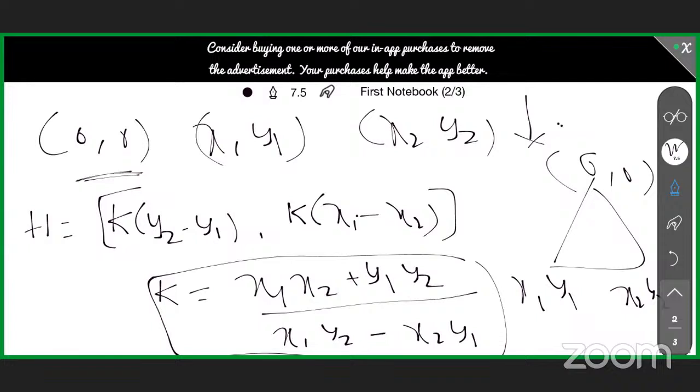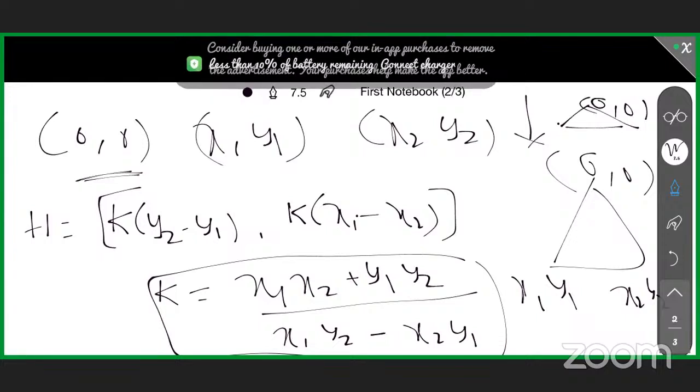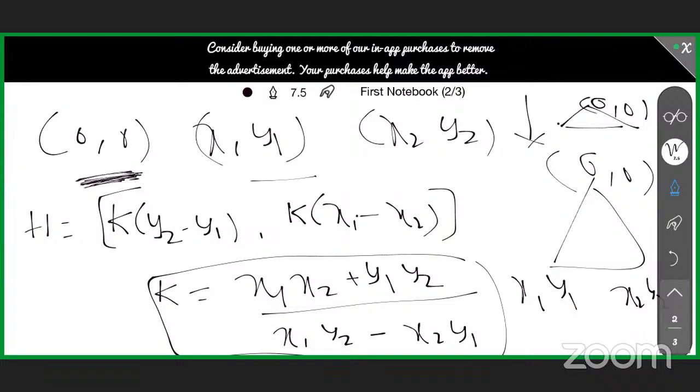All these things we have discussed. Basing on those properties, we are doing it here. Because one of the vertices is 0, 0, there is no x3, y3. I clearly told that one of my vertices is 0, 0. A triangle formed from 0, 0, x1, y1, x2, y2.